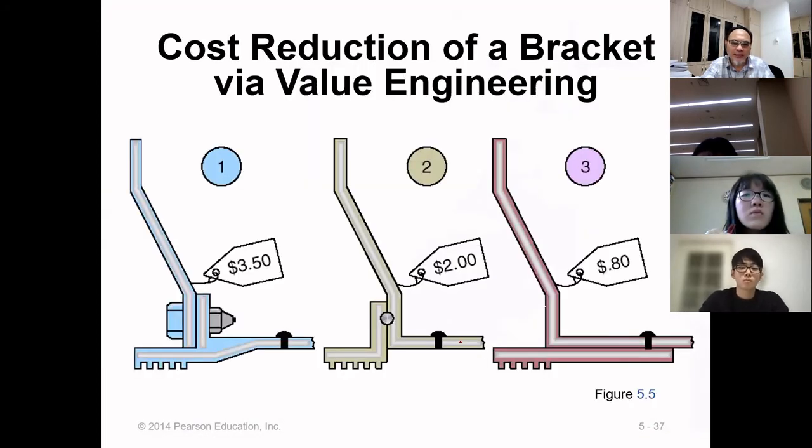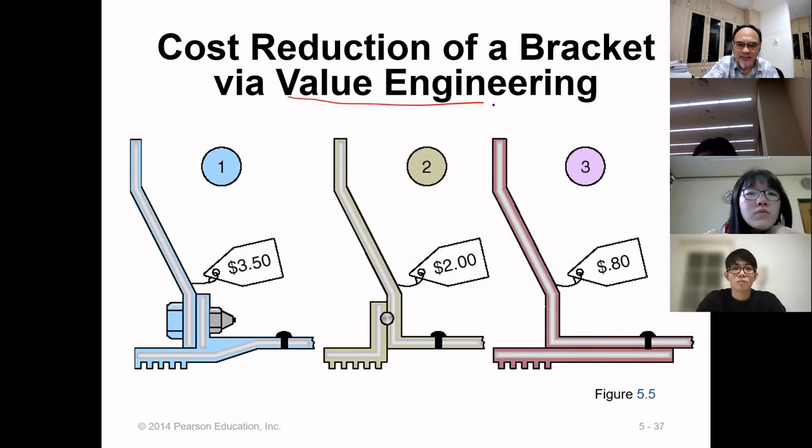For example, this is an example of value engineering. Value is function over cost. Okay, I hope you understand this drawing.